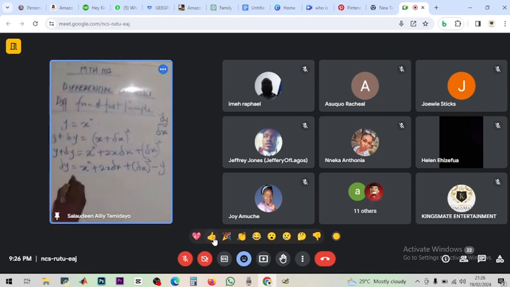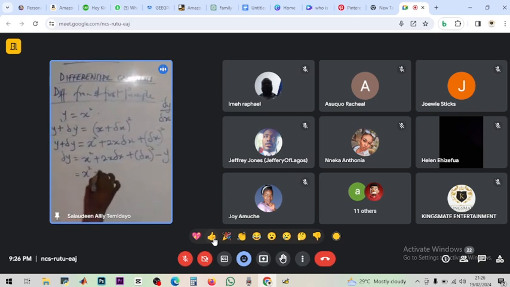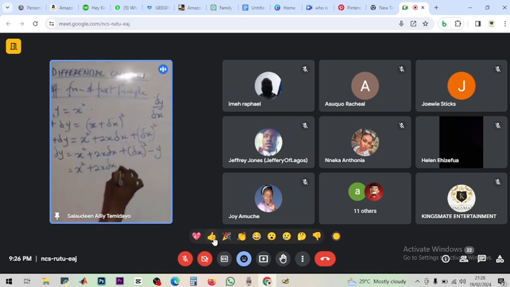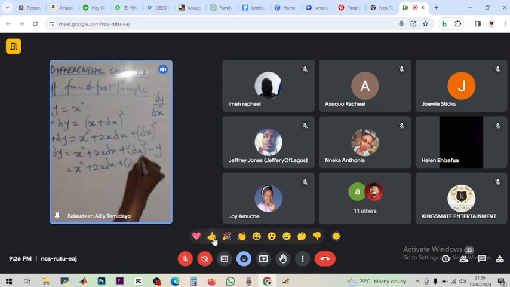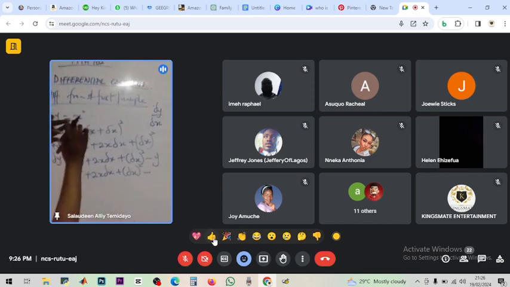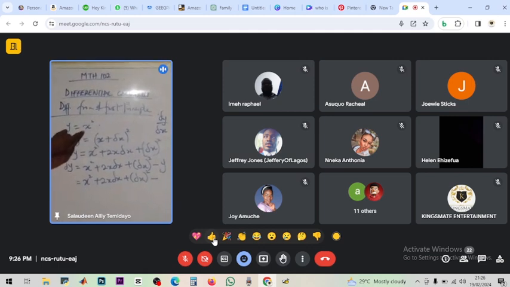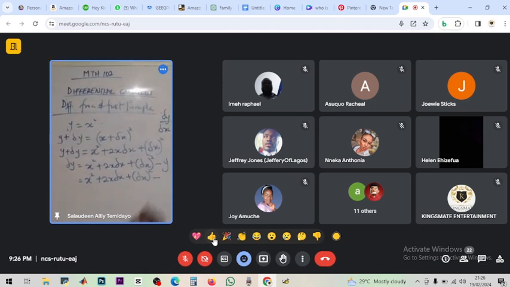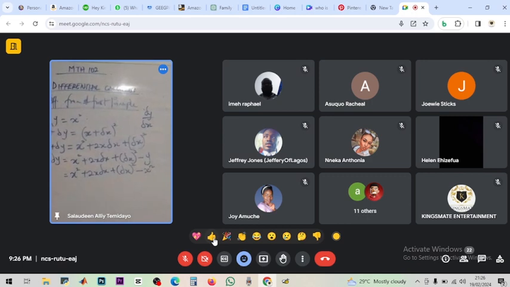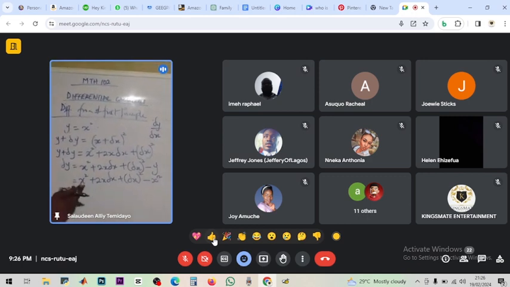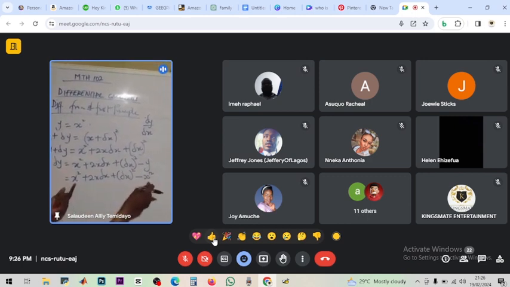So minus y. So this is now x squared plus 2x dx plus dx squared minus, what is y from the start? Y is x squared from the beginning, right? So minus x squared. Here now, I'm already having x squared here and minus x squared here.